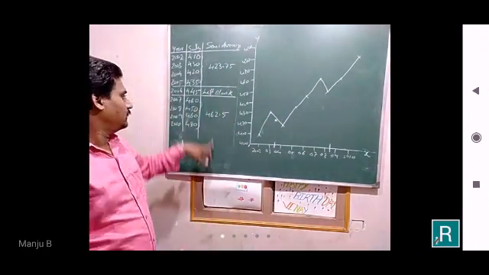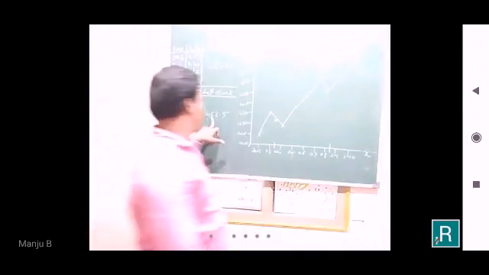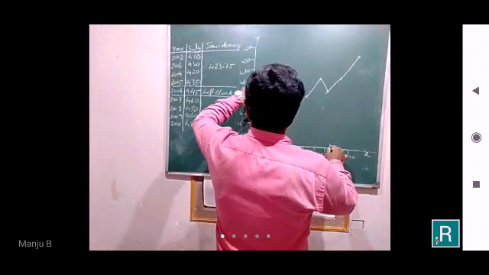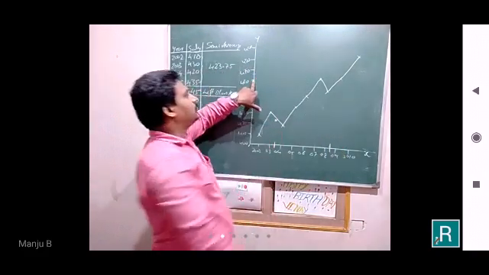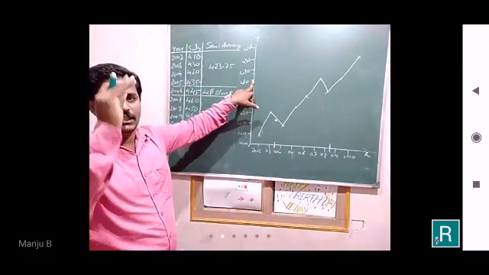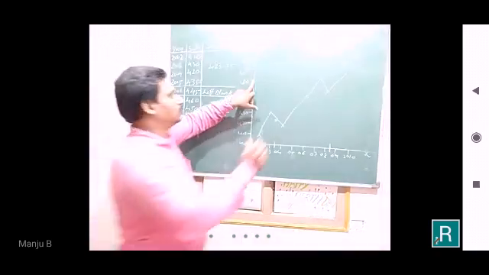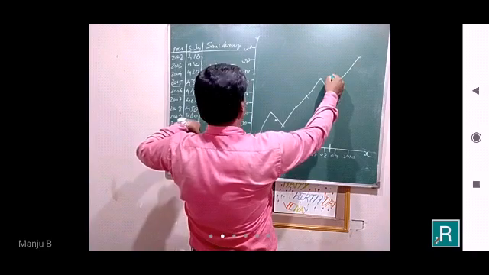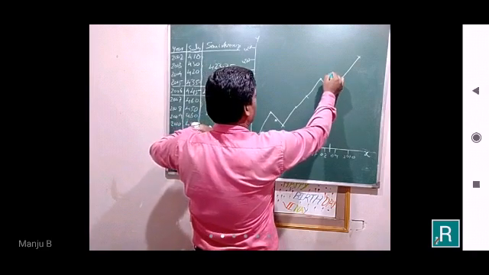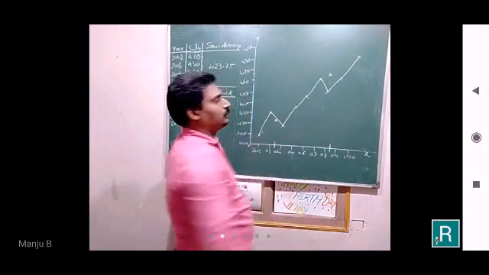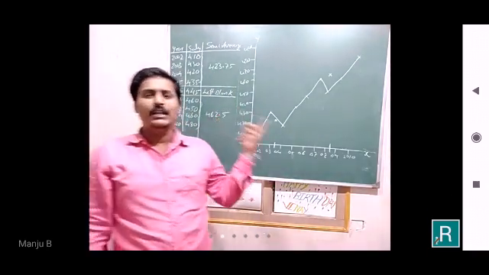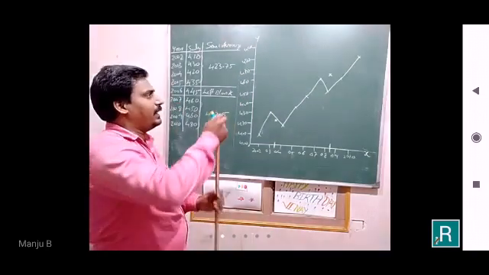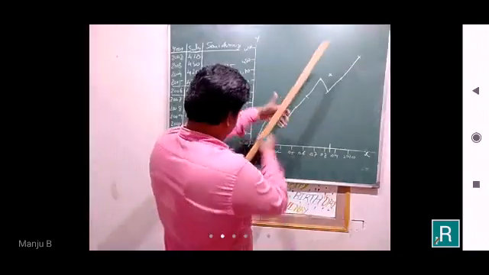And the next, 462.5, approximately 463. So 460 in between 465, so just 2 millimeters below. So it appears approximately here. Now join these 2 points with the help of a scale, and extend the line.